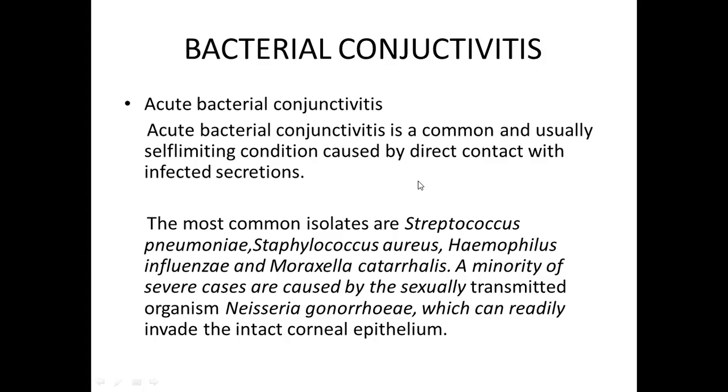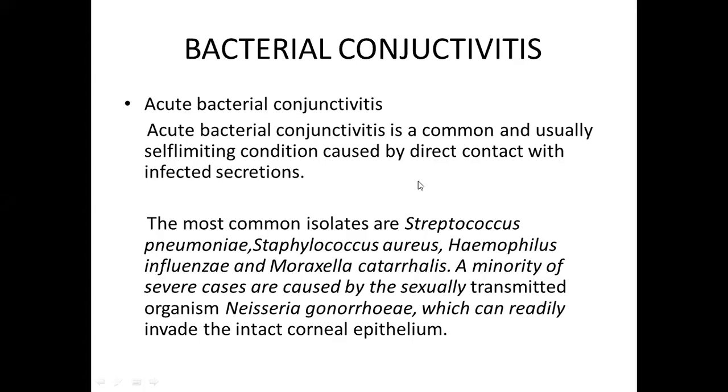Let's say someone has conjunctivitis now, and maybe you shake the person's hand, and before you know it, your eye is itching you, you attempt to rub your eye, and that's it. You've directly inoculated your eye, and you have bacterial conjunctivitis.